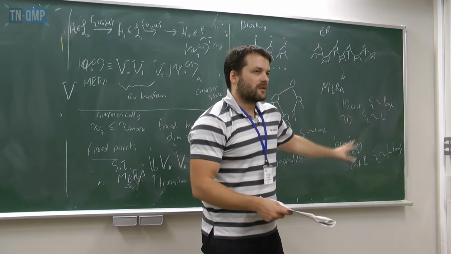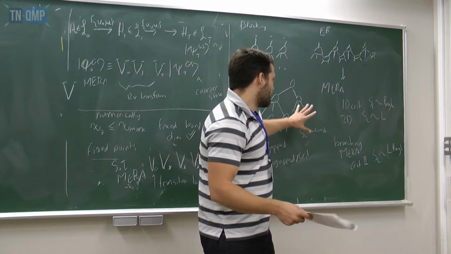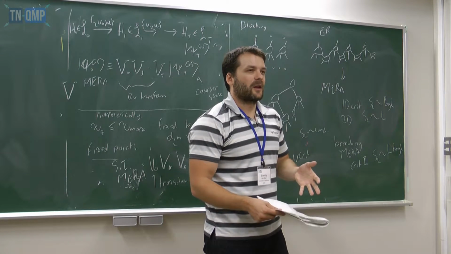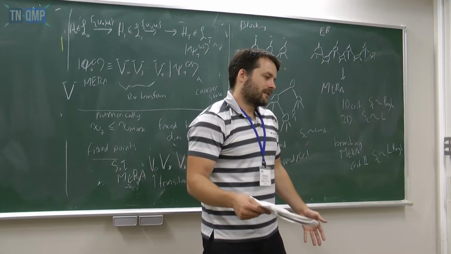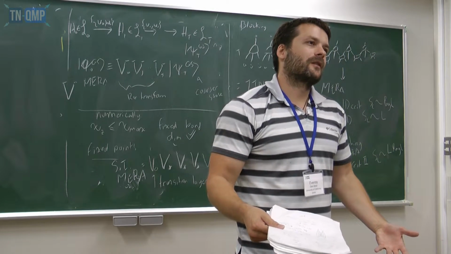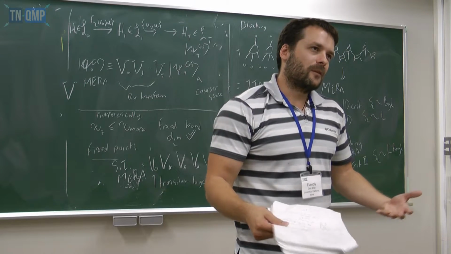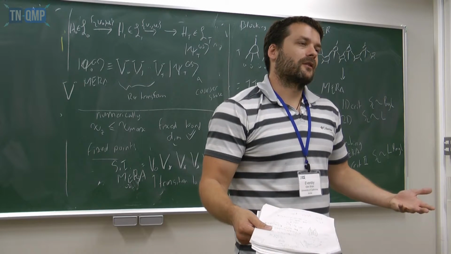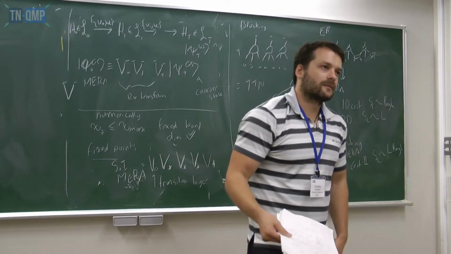Especially with MERA, and to some degree with PEPs as well, you have much more complicated diagrams you need to contract. It's much more expensive, but dealing with the fermionic sign is not the problem at all. This is why these are very promising for fermionic systems. And this other network, the PEPs, is giving at the moment, for some systems, the best results out of any numeric method, because Monte Carlo can't even be applied in a lot of these cases.